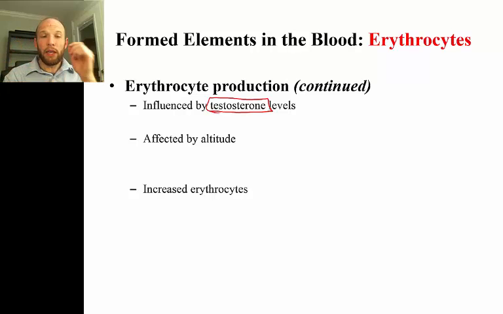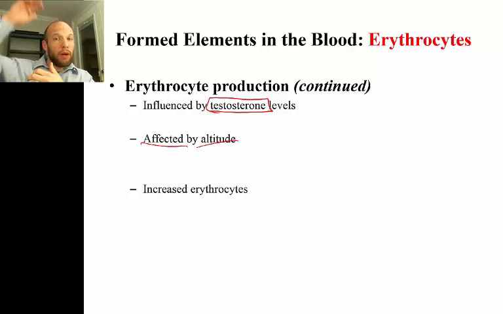Okay, another thing is altitude, right? If you go up to high altitudes, you're going to make more red blood cells. Why? Because when you get up in high altitudes, there's not as much oxygen. If there's not as much oxygen, that means there's less oxygen traveling through your blood. If there's less oxygen traveling through your blood, what organ's going to sense it? The kidney.